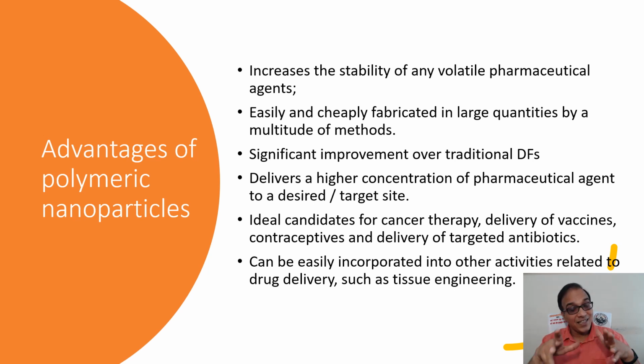It delivers a higher concentration at the site of action or the desired location, and it is an ideal candidate for cancer therapy, delivery of vaccine, contraceptives, and delivery of targeted antibiotics. We can design different polymeric systems for these various therapeutic actions. Polymeric nanoparticles can be easily incorporated into other activities like drug delivery, tissue engineering, etc.